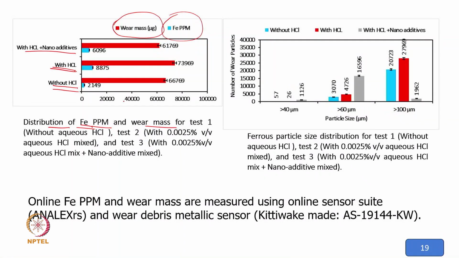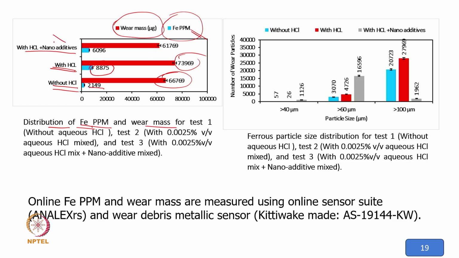In the first case, without HCl, the Fe ppm level is only 2149, while the wear mass is something like 66.7 milligram. With HCl, the Fe ppm level has increased to 8875, and the weight loss is also on a higher side, something like 73.9, or say 74 milligram.